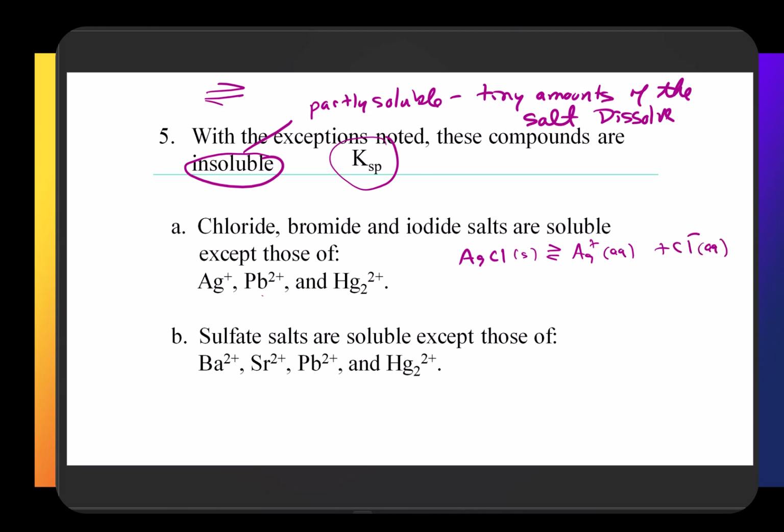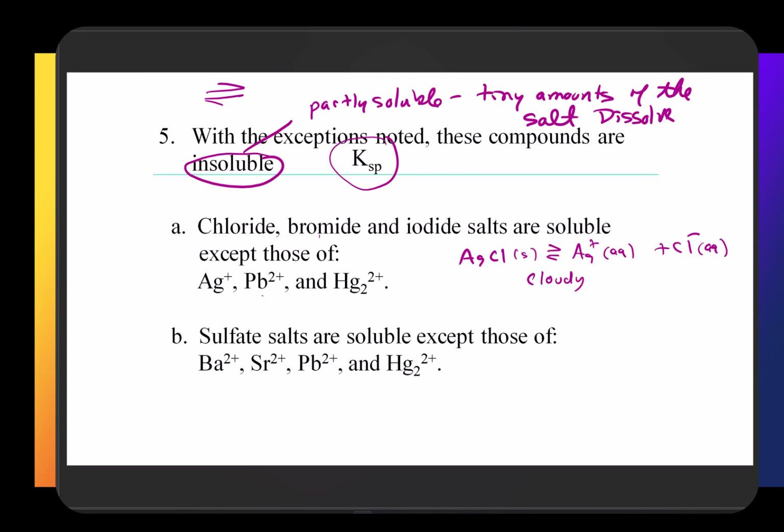And so you might see a solid product at the bottom of a test tube. You'll probably see that the solution is cloudy as well because there are tiny silver chloride particles suspended in the water. Same with most lead compounds of the halides. They're going to be partly soluble in water, and same with mercury.